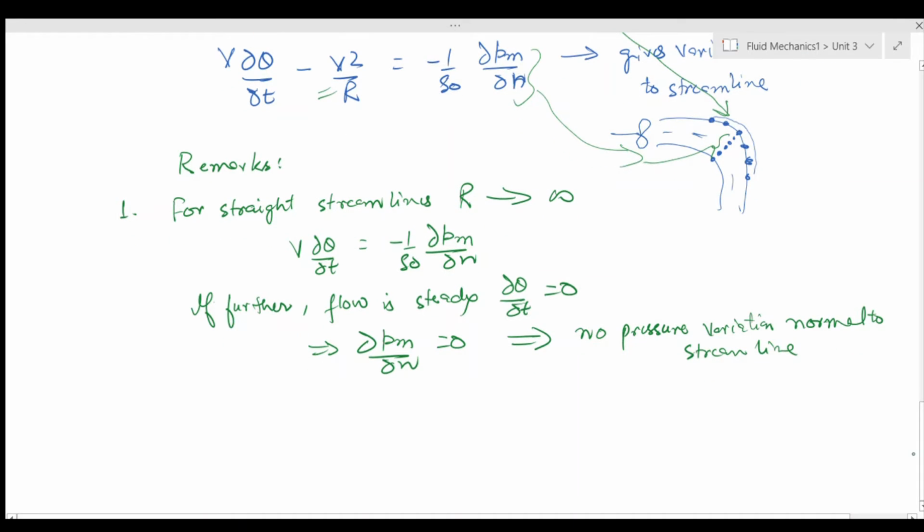Let me show it with an example. This will become a bit more clear. Let me show it with an example what I'm trying to say here.